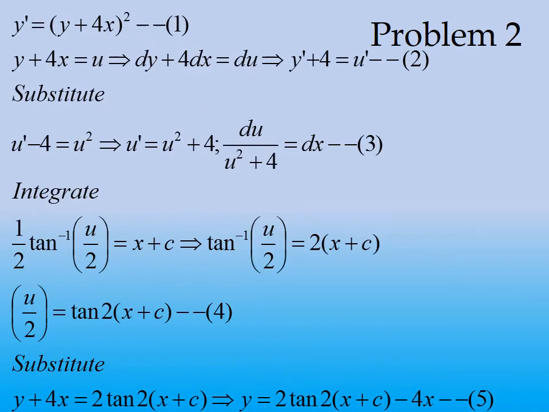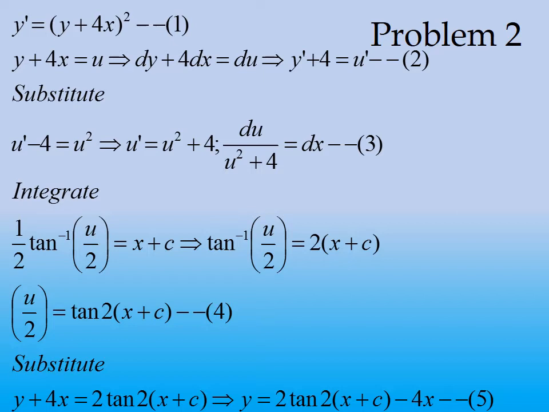The next problem is y prime is equal to y plus 4x whole squared. Here you take y plus 4x as u. Now you differentiate this, then it is dy plus 4 dx is equal to du. That is, you can write it as y prime plus 4 is equal to u prime.